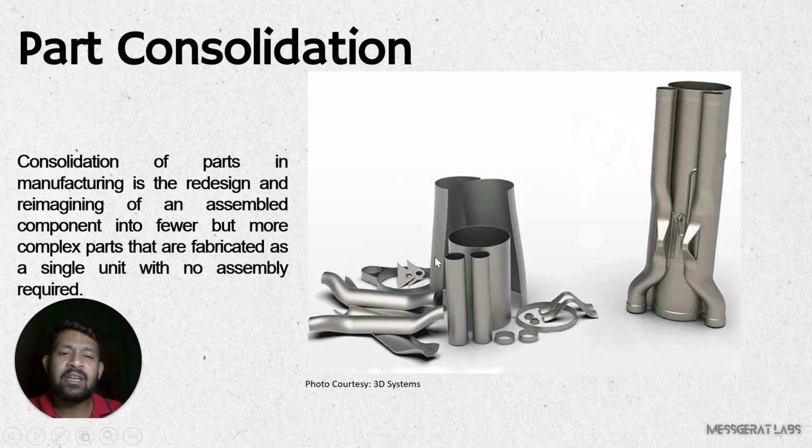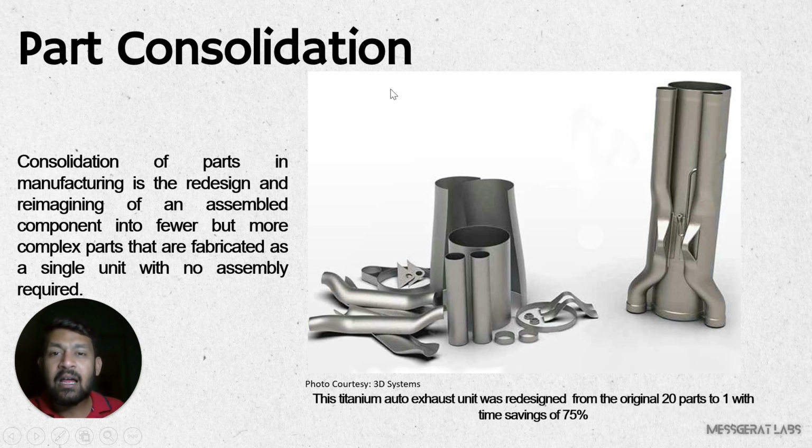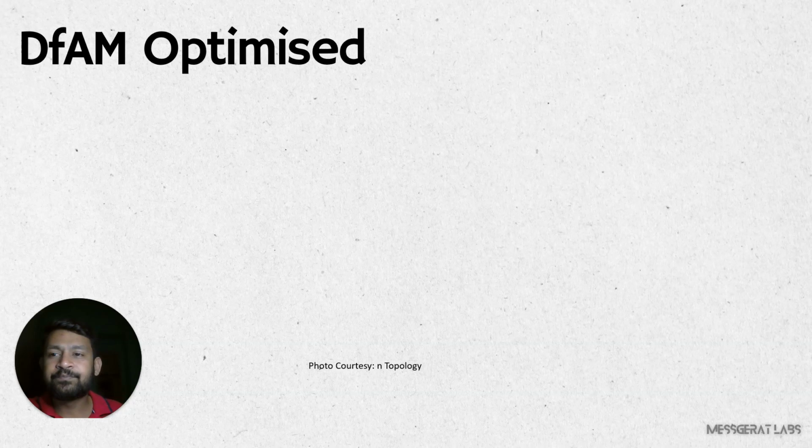On the left hand side of your screen, you can see sheet metal parts made through sheet metal manufacturing, such as punching, bending, and stamping, and then welded together. Whereas on the right hand side, you see one single component produced through 3D printing in one shot. So this is what we mean by part consolidation, and this is very useful in reducing the assembly count. We will understand more about part consolidation and its ideas in the last section of this module as well.